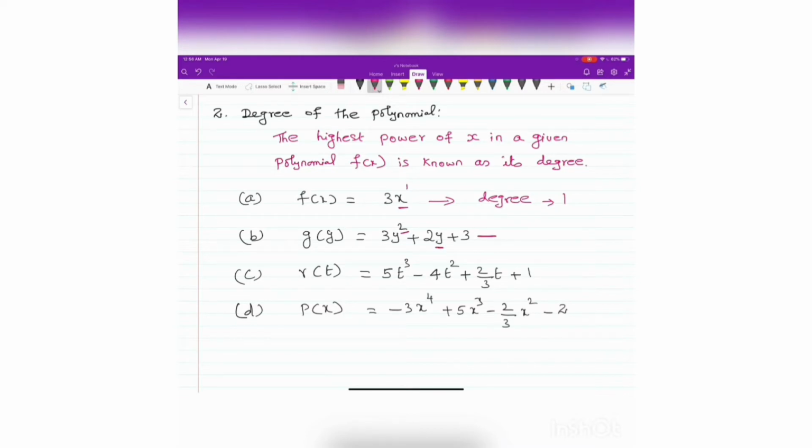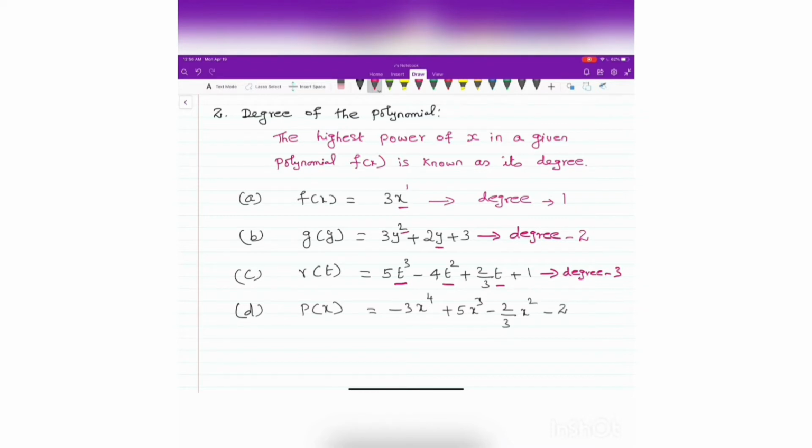Therefore, degree is 2. Coming to the third one, here the power is 3, here the power is 2, and in this place the power is 1. Therefore, the highest power of t in this polynomial is 3. Therefore, the degree is 3.